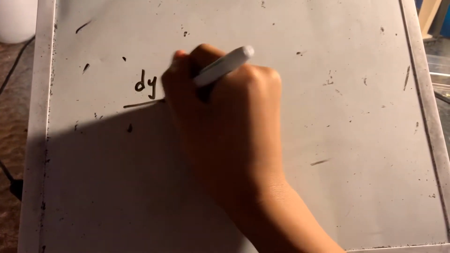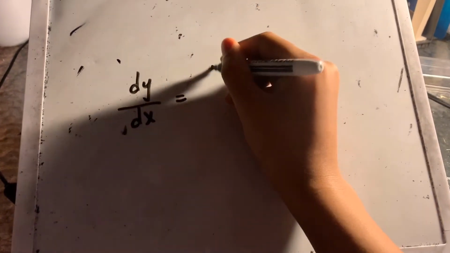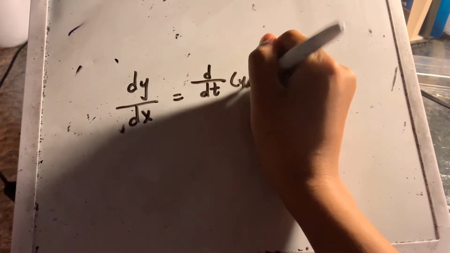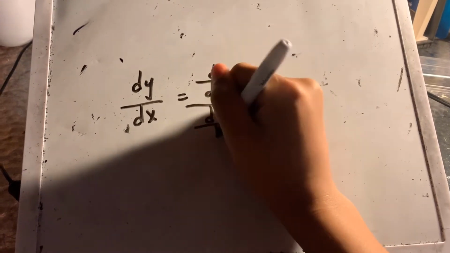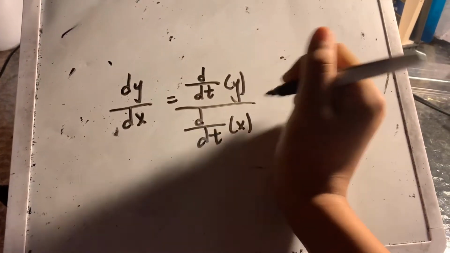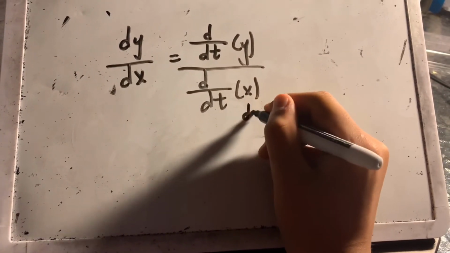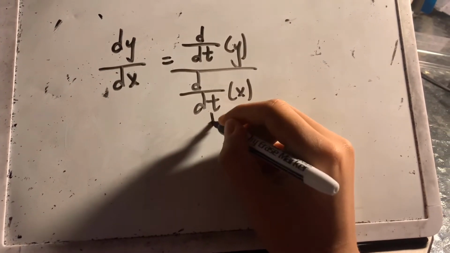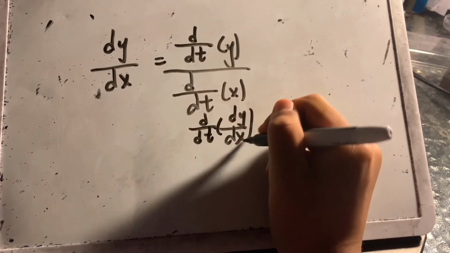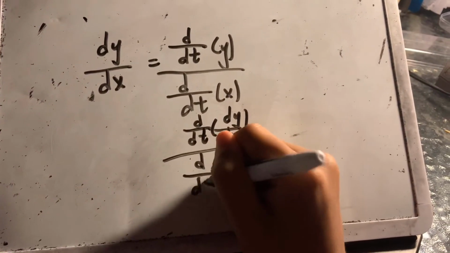Let's talk about how to take the derivative of it. To solve for the derivative, the first derivative is the derivative of y divided by the derivative of x. The second derivative is going to be the derivative of the dy/dx function divided by the derivative of the x function.